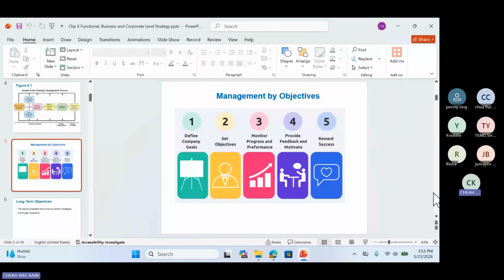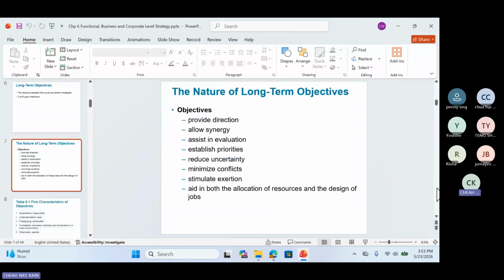Now, if you say setting objectives is very difficult, why? Because objectives will be by the functional strategies. So the functional strategy is very difficult to make. Why is it difficult to make? Because your corporate strategy is wrong. Why is your corporate strategy wrong? Because your internal and external are done not so well. That's all.